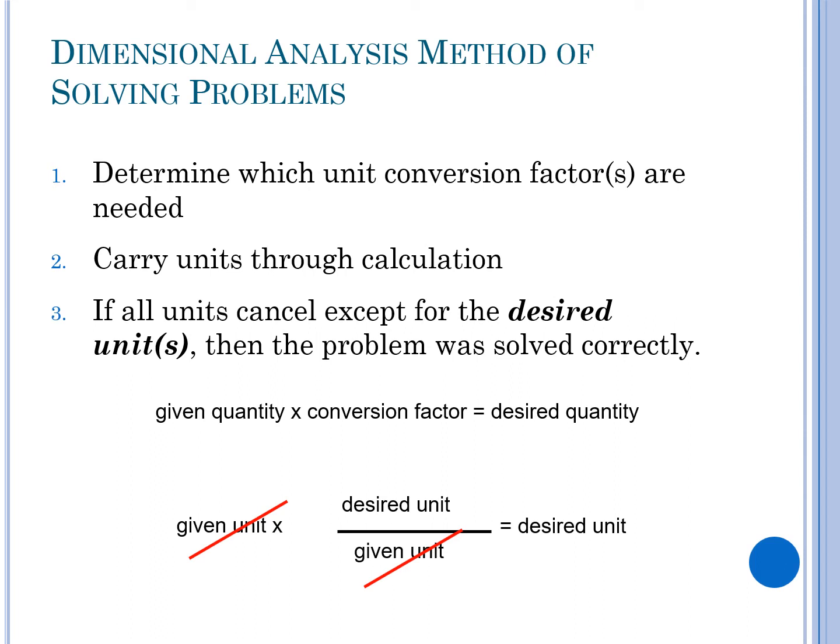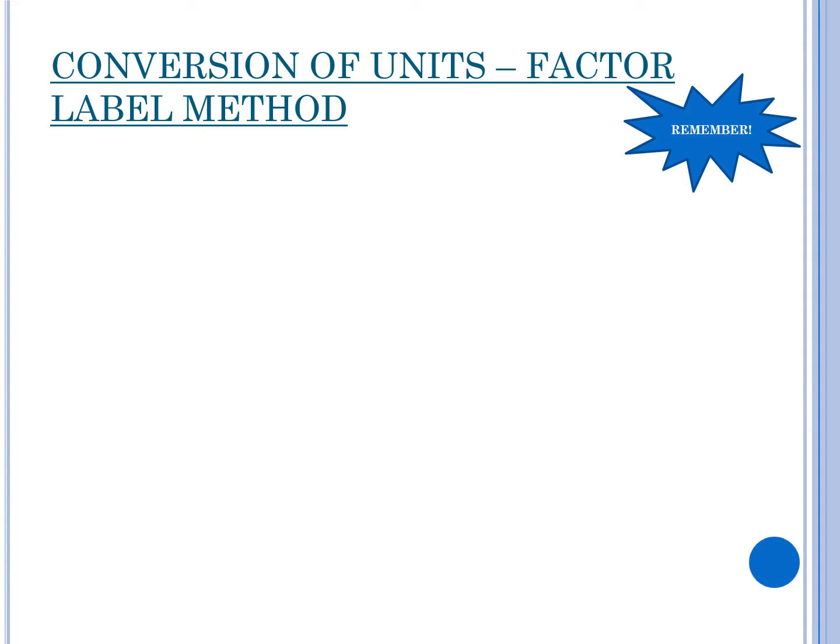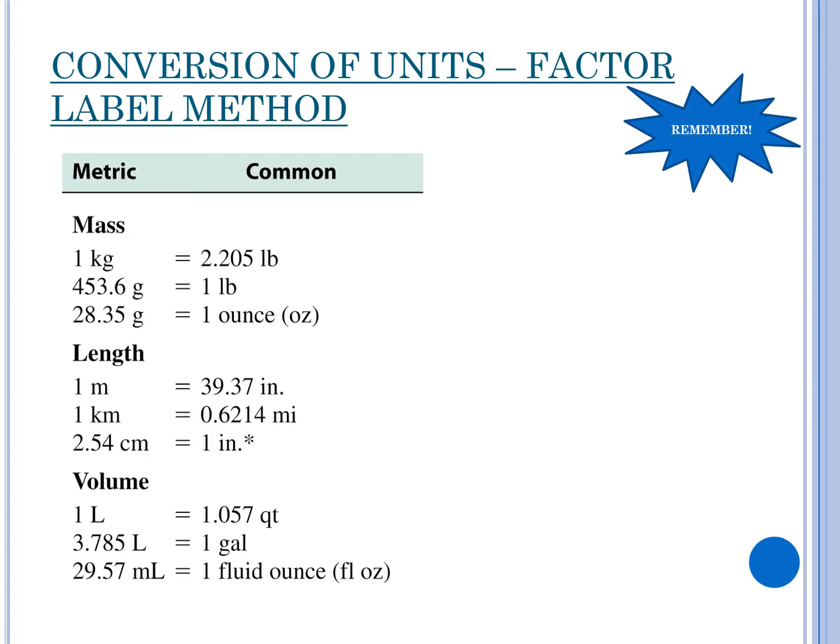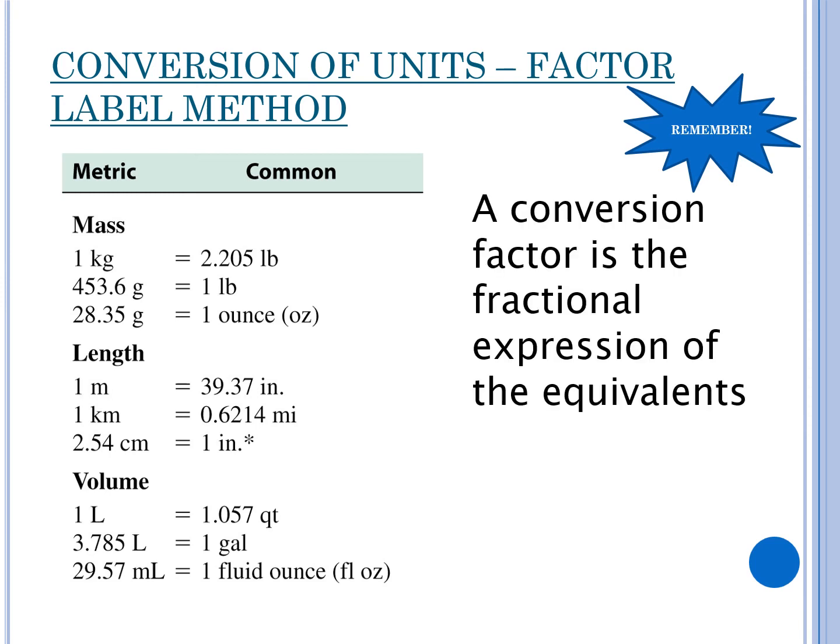You can also do given units times desired over given units, which gives you the desired unit. This is the same thing. Here are metric factors and also common factors for conversion.